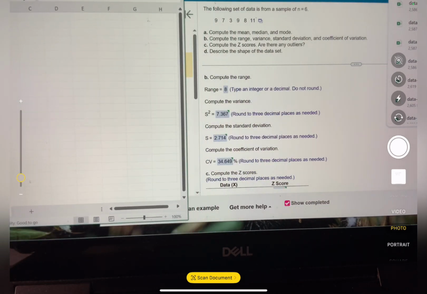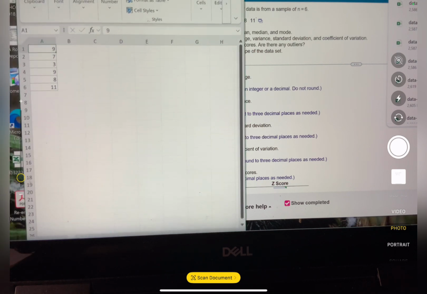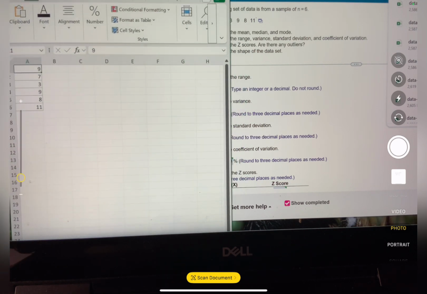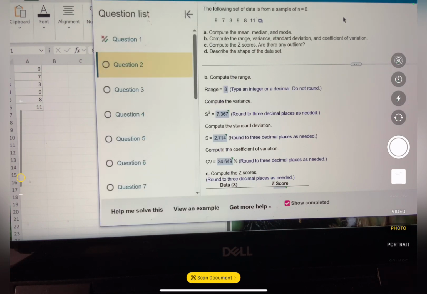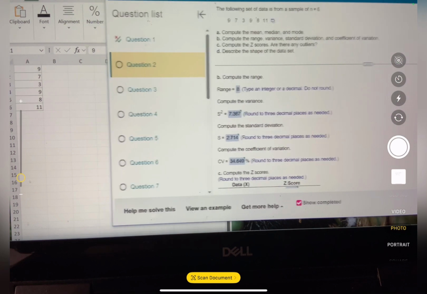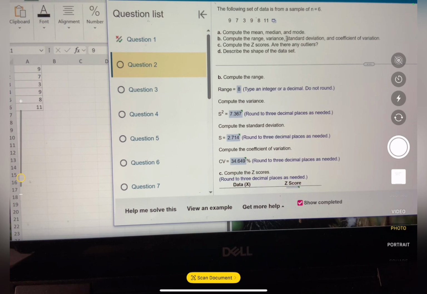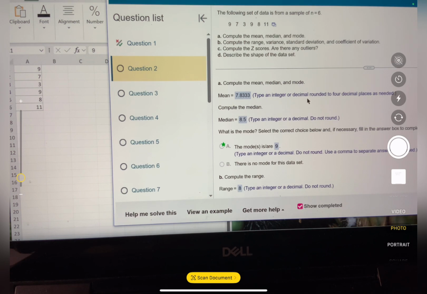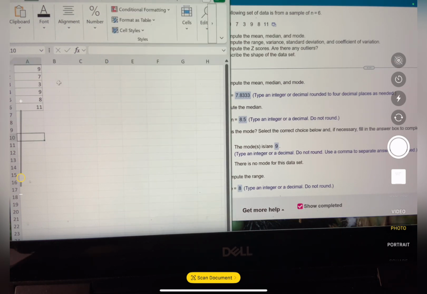Now, this is our new database. Let's see what we have to do. We have 6 elements. So mean, median, and mode, we already know how to do it, right? I'm going to plug in real quick here.